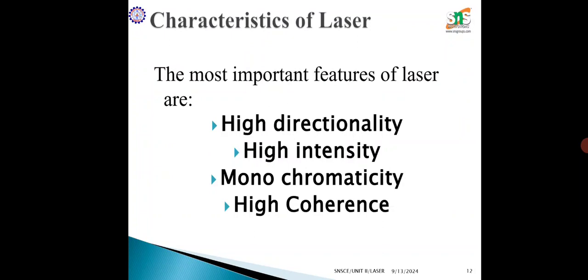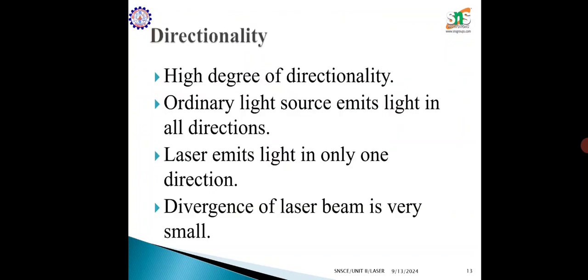Characteristics of a laser. Lasers have unique characteristics, and because of these characteristics they have different applications, mainly in the industrial and medical fields. The features are high directionality, high intensity, a monochromatic source, and high coherence. These are the four important characteristics.